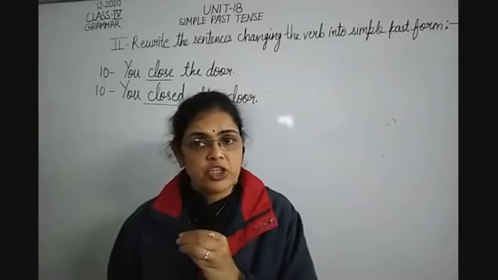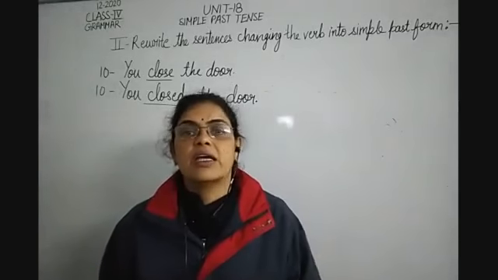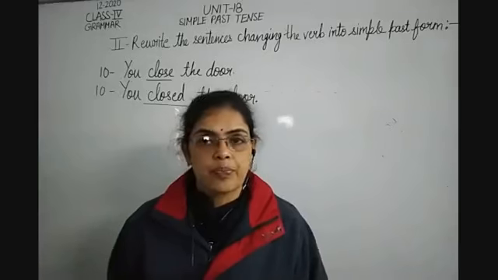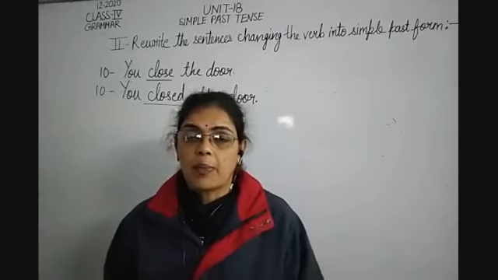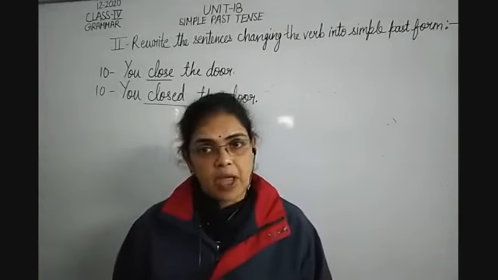Only the verb will change to the past form. बाकी का पूरा sentence as it is रहेगा. अगर ये याद रहेगा बेटा तो फिर कोई गलती नहीं होगी, है ना. तो अभी आपको sentence को past form में change करना, I hope सबको समझ में आ गया होगा.